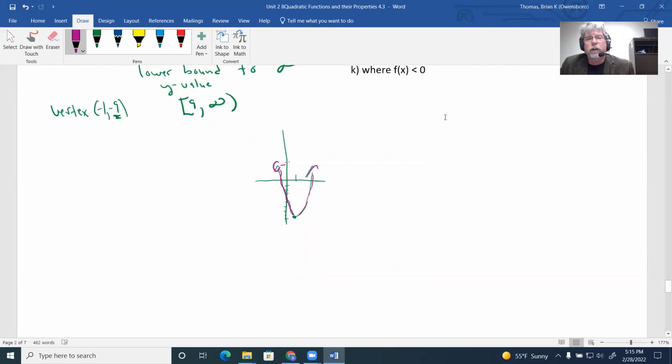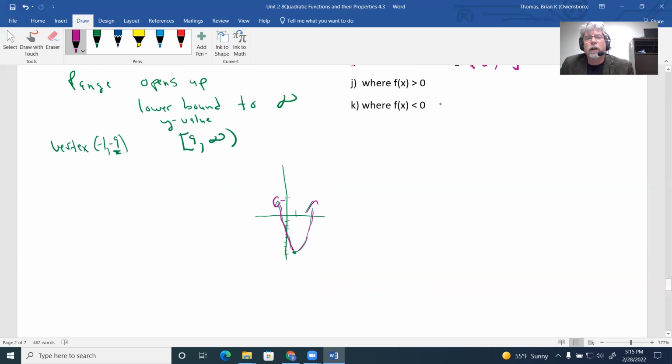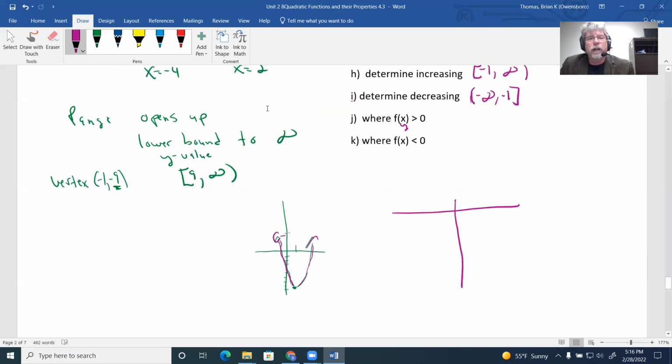Where is y greater than 0? This is where those x-intercepts come in. If I make a sketch again of where the x-intercepts are, the x-intercepts are at -4 and 2.